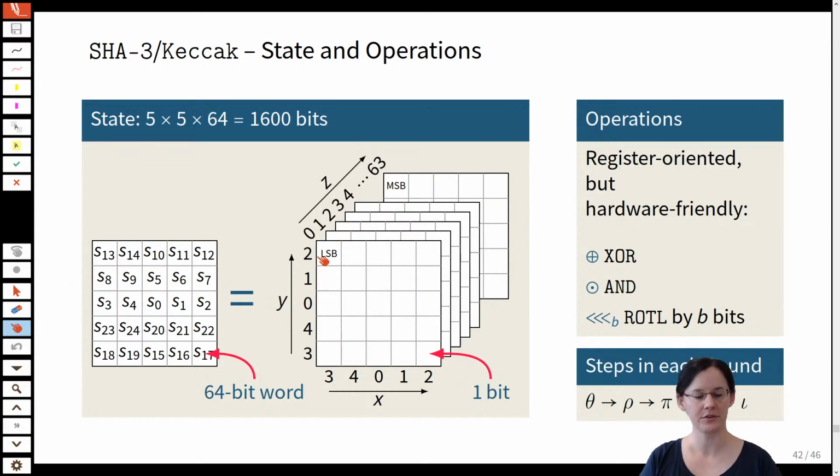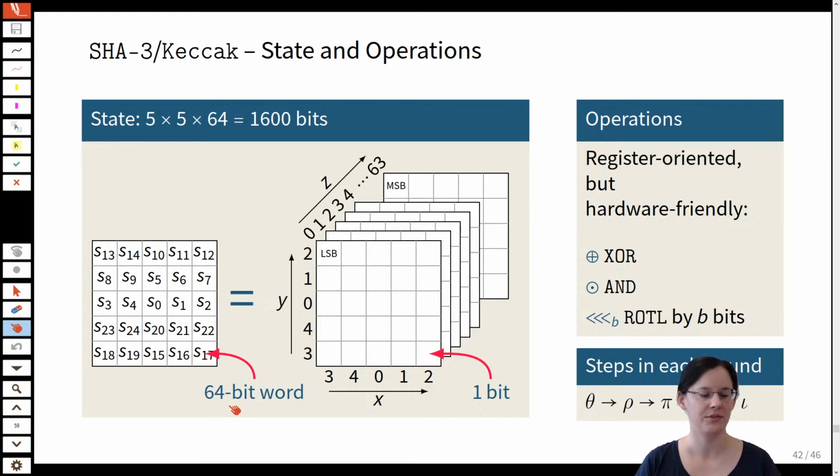So here's a short peek at what the internal primitive looks like. We have, as I said, a state of 1,600 bits, so really, really large. And this is also written as a matrix of vectors. So here it's not 4 by 4 like in AES, but 5 by 5. And each of these things in here is not just 1 byte, but a full-blown 64-bit word.